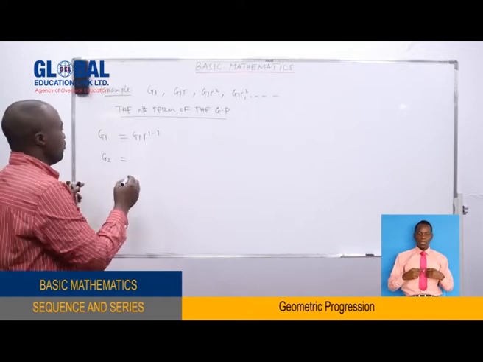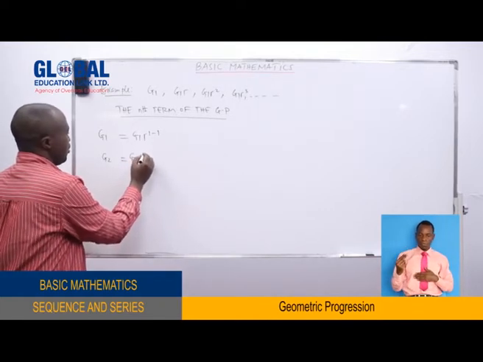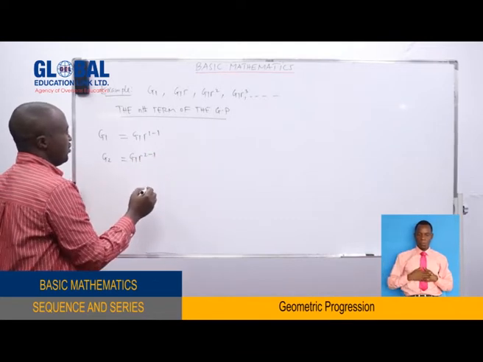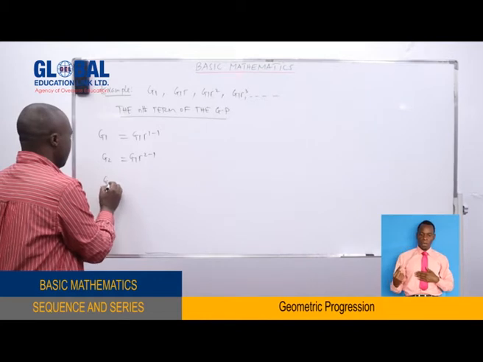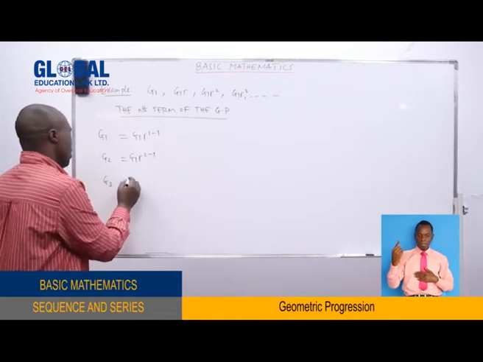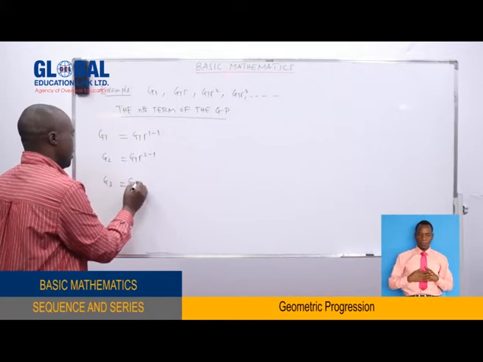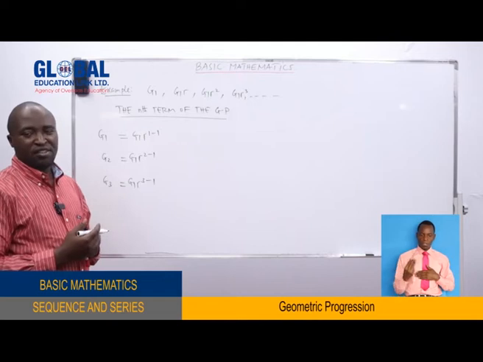For G2, that is G1 R power 2 minus 1. Again, for the third term, this one is equal to G1 R power 3 minus 1.